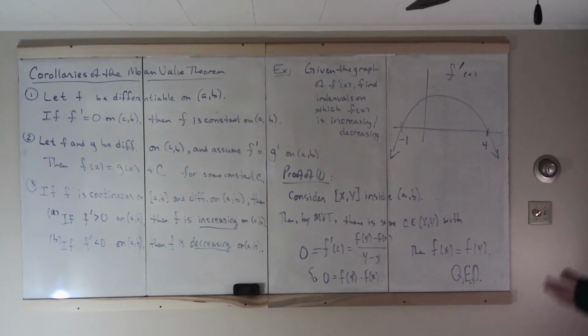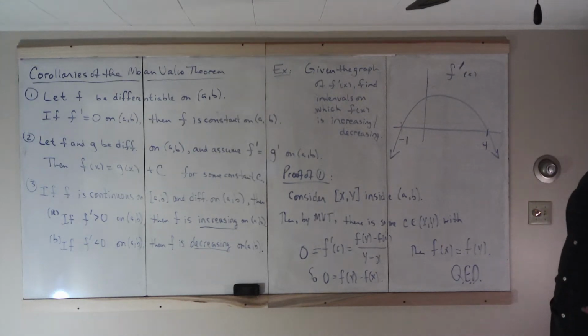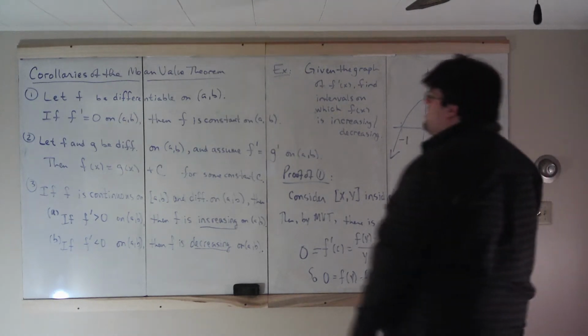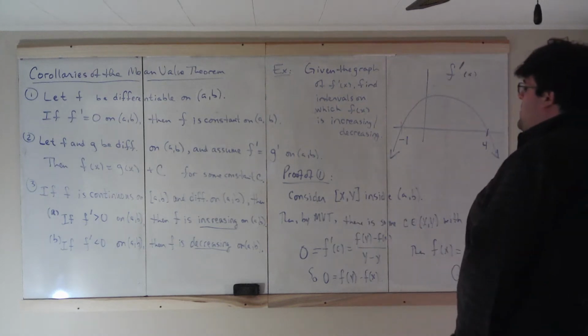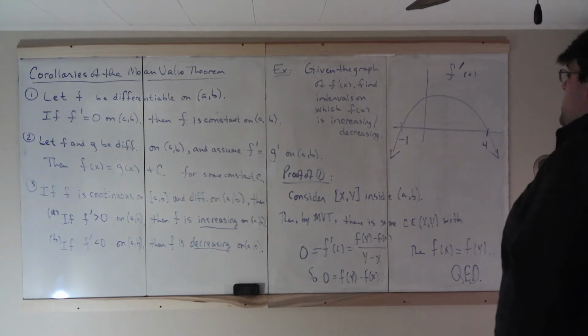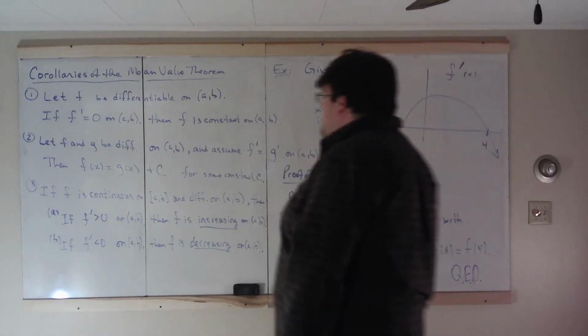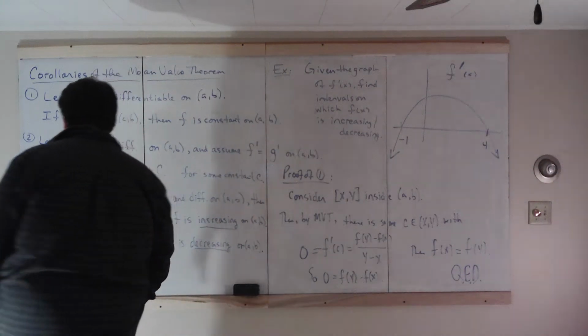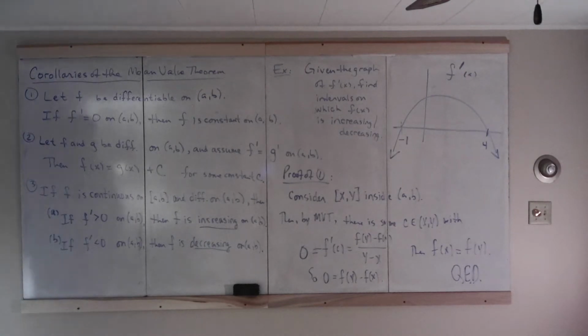But for what we're going to do with graphing, number 3 will be very important. Number 3. If f is continuous on [a, b], differentiable on (a, b), open, then a: if f prime is greater than 0 on (a, b), so f prime is positive on (a, b), then f is increasing on (a, b). Similarly, part b: if f prime is negative, then f is decreasing.